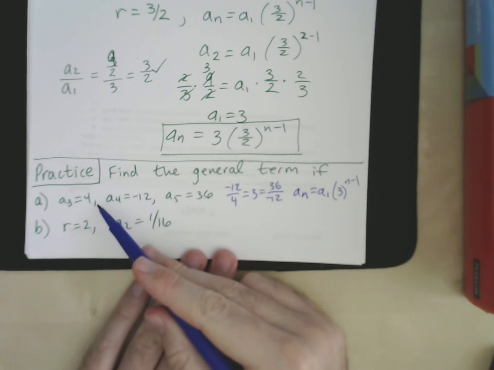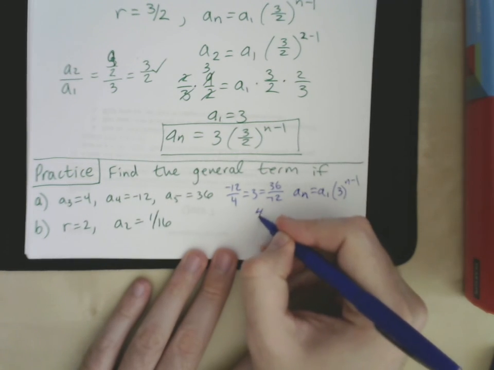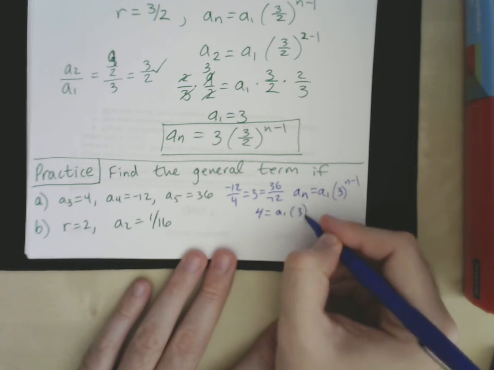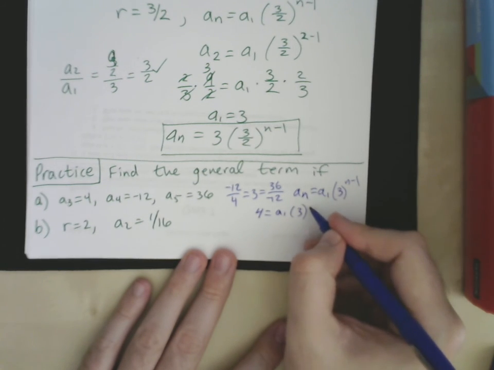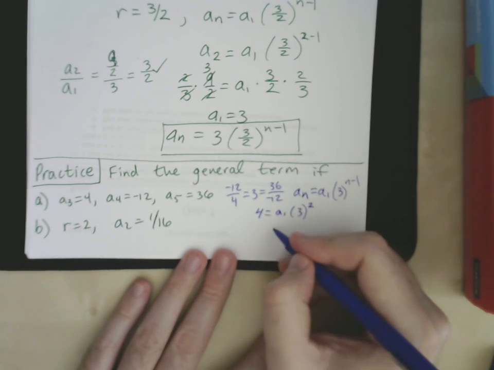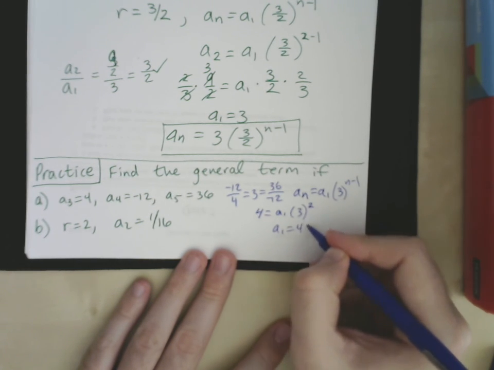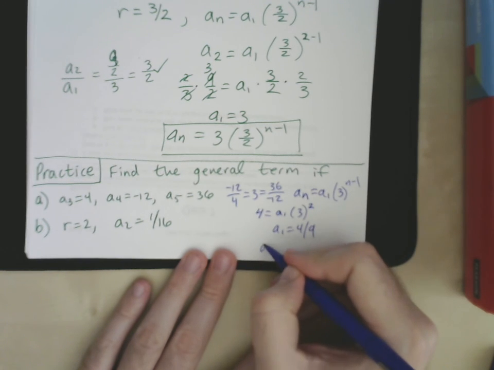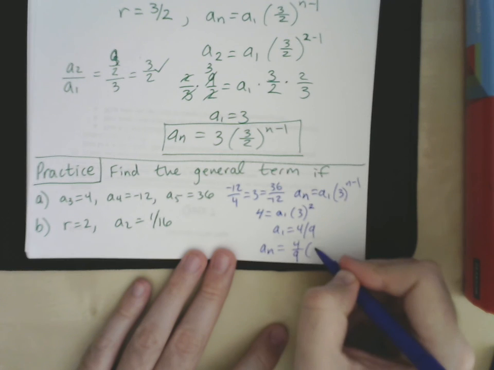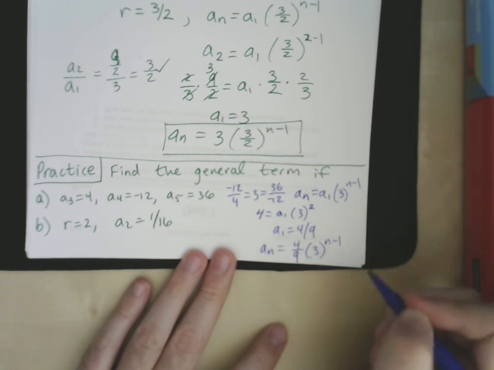Using a sub 3, we have 4 should equal a sub 1 times negative 3 squared. And so a sub 1 equals 4/9. And so a sub n then is 4/9 times negative 3 to the n minus 1.